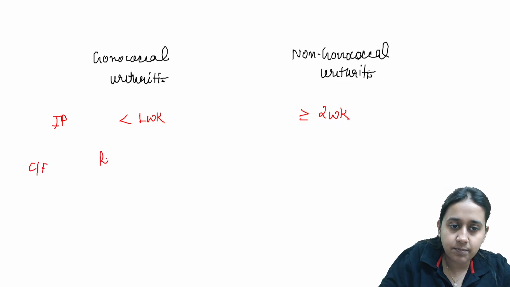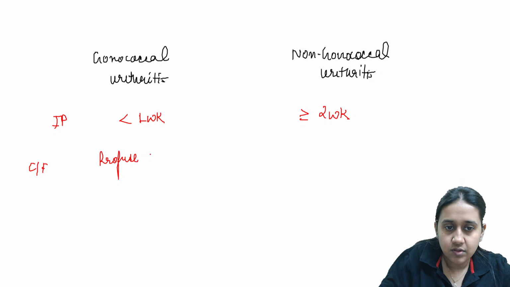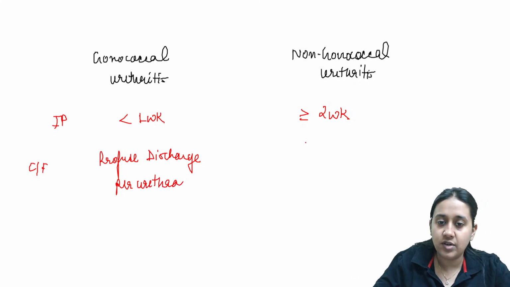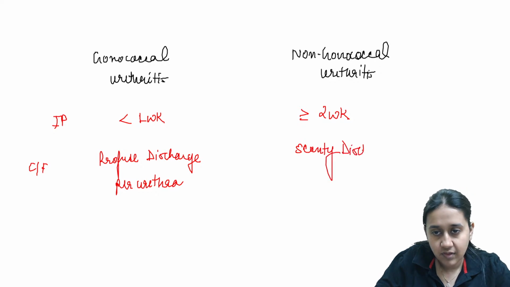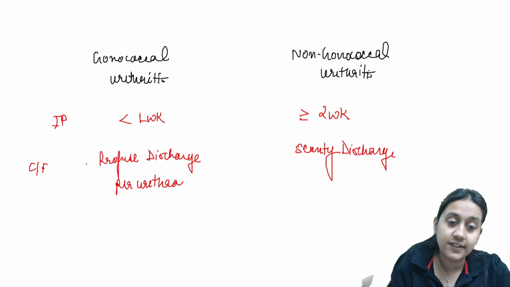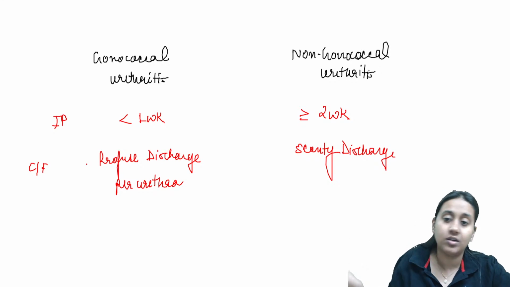In gonococcal, you see profuse discharge per urethra, but for non-gonococcal, you see scanty discharge. Now remember that this is in the majority of the cases. It doesn't mean that profuse is always gonococcal and scanty is always non-gonococcal.